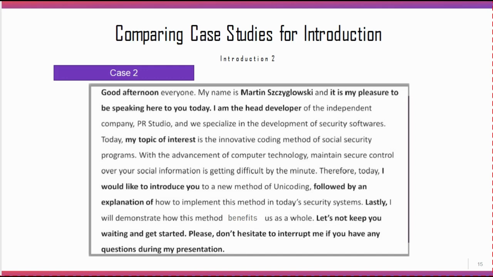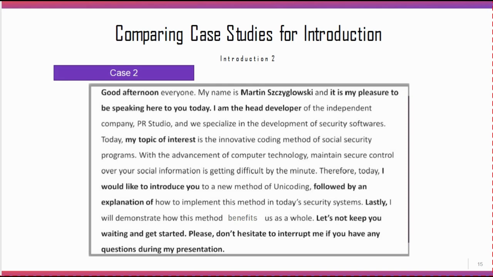Case 2. Good afternoon, everyone. My name is Martin Skiglowski, and it is my pleasure to be speaking to you today. I'm the head developer of the independent company PR Studio, and we specialize in the development of security software. Today, my topic of interest is the innovative coding method of social security programs.